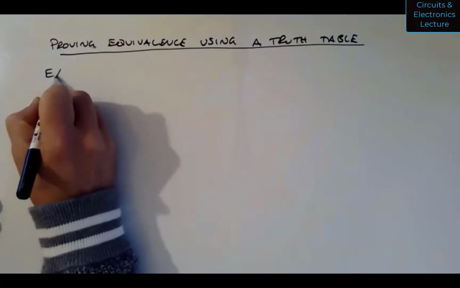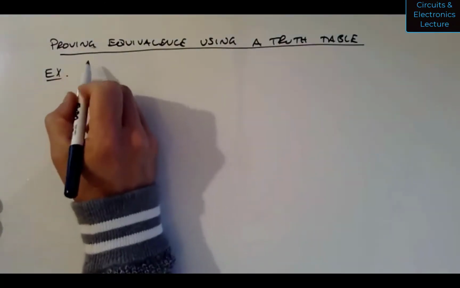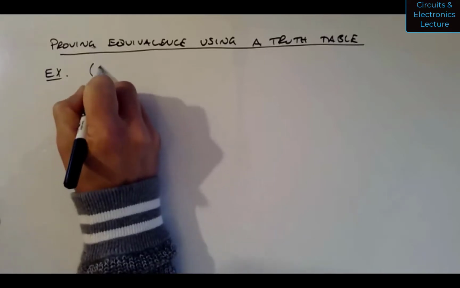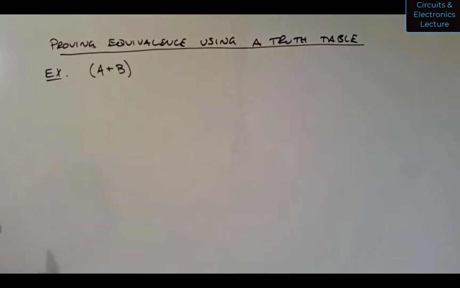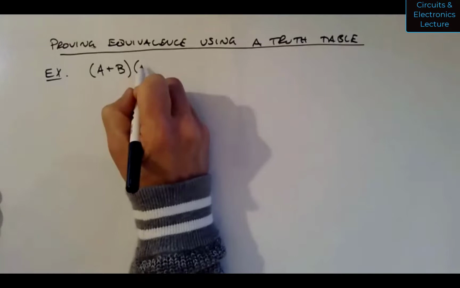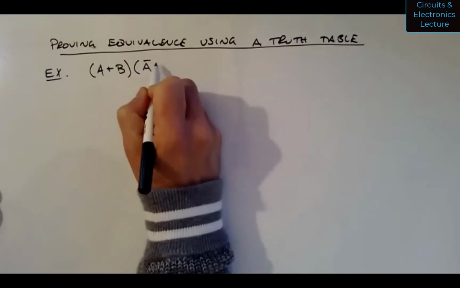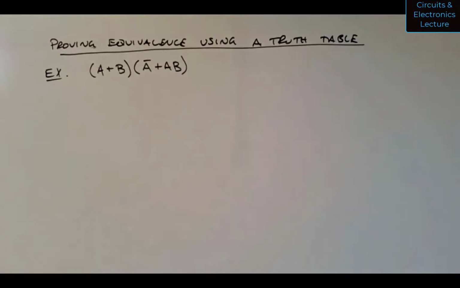Let's say that I have this expression. I want to implement A ORed with B, that quantity, and then I have another quantity here, A inverse plus AB. And let's suppose I want to implement that in a circuit.